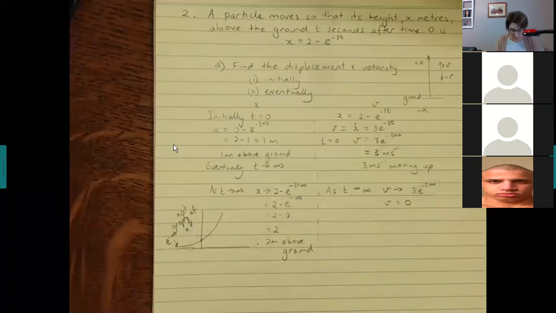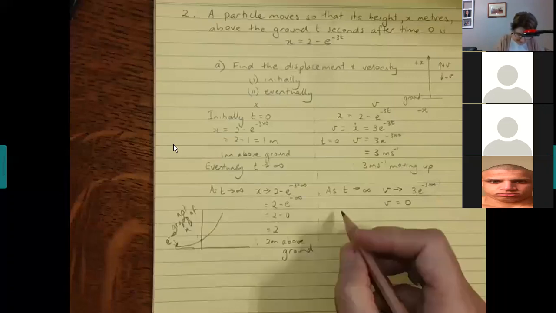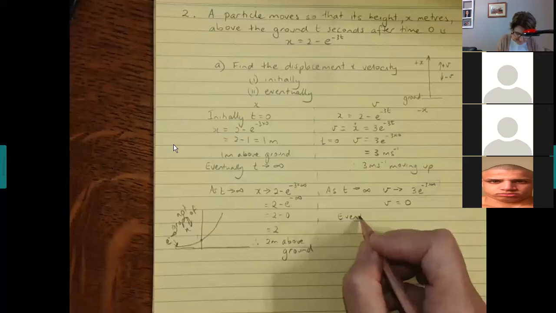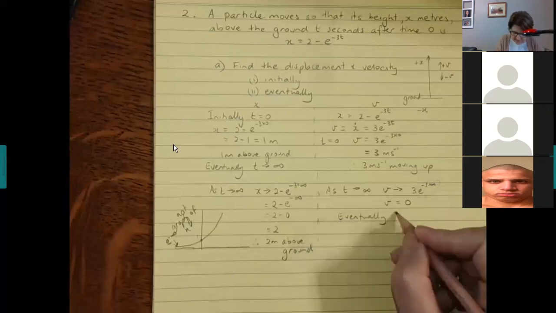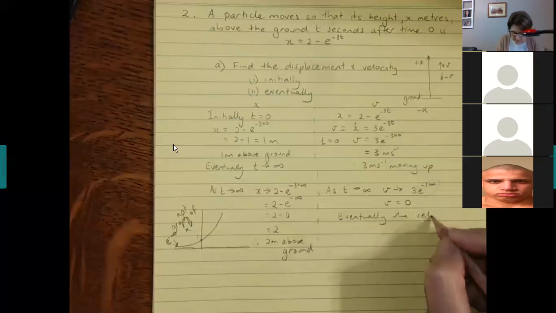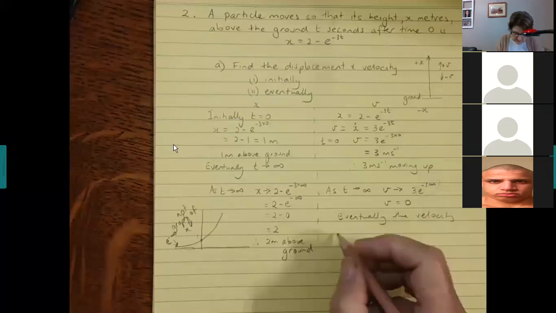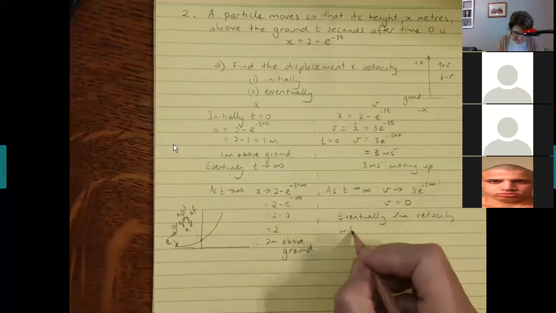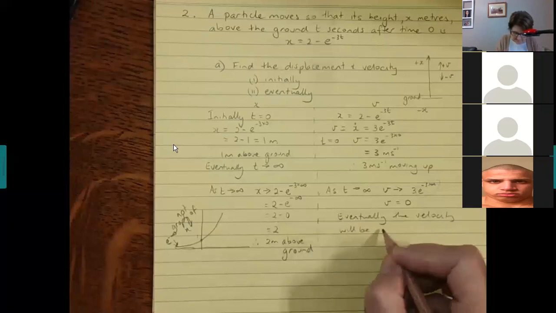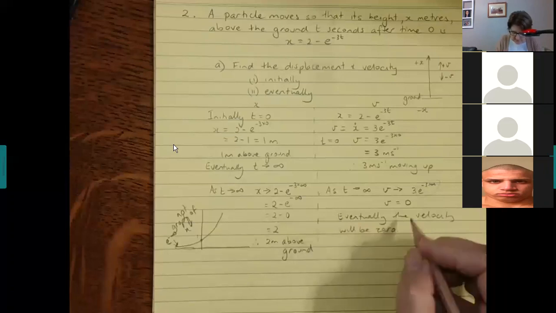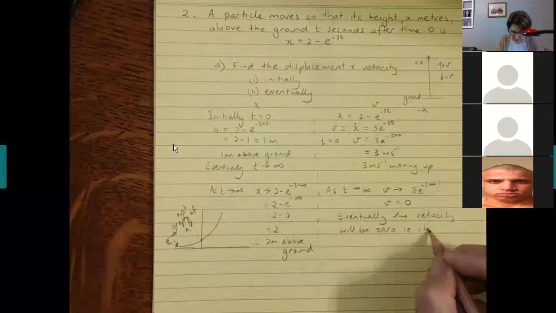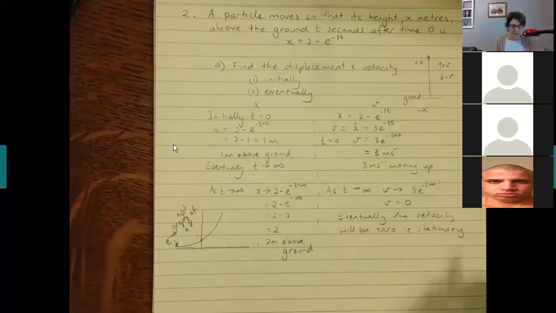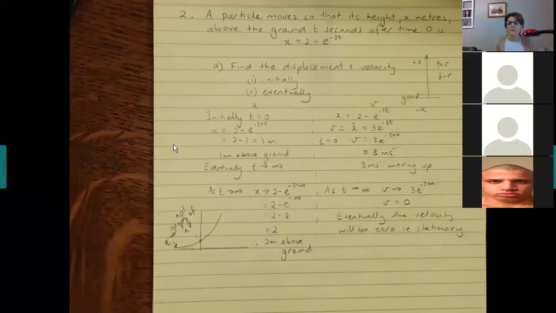Okay? So eventually the velocity will be 0. And how do you interpret a 0 velocity? It will be stationary. Right, so it's going to stop. Any questions there before I move on?